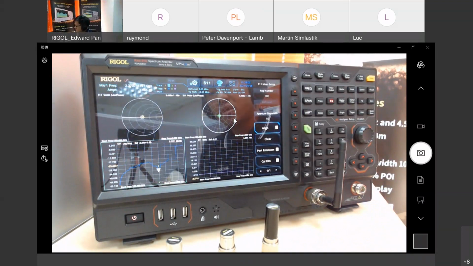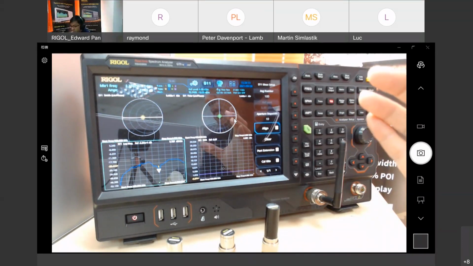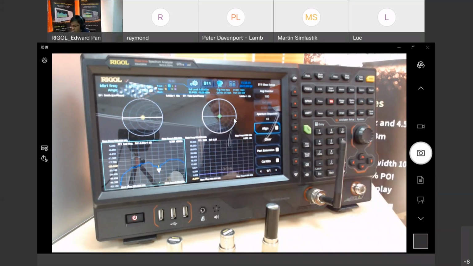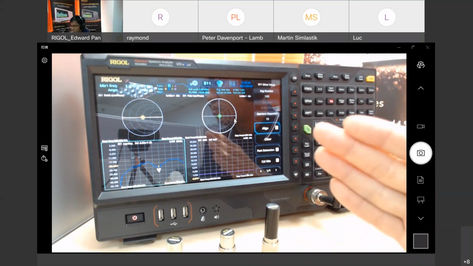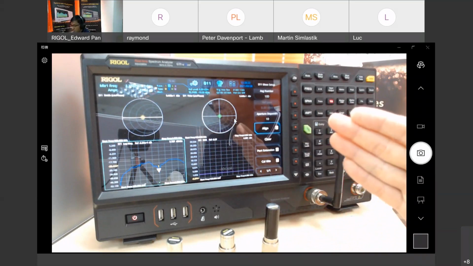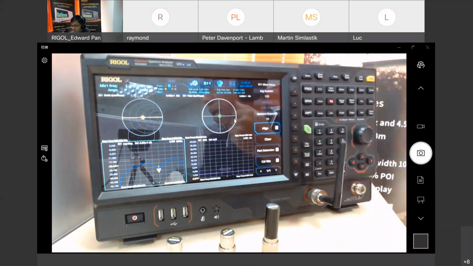Okay, there is a key point I need to mention. If you want to measure a specific frequency range, you need to set up the start frequency point and the stop point first, and then go for the open short load calibration. It is very important. If you want to change the frequency range, you need to recalibrate again.